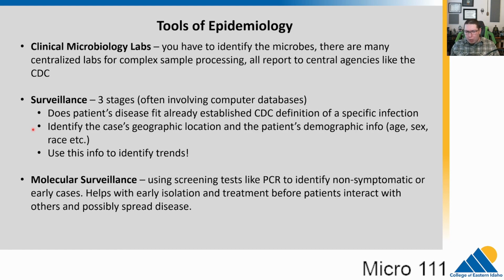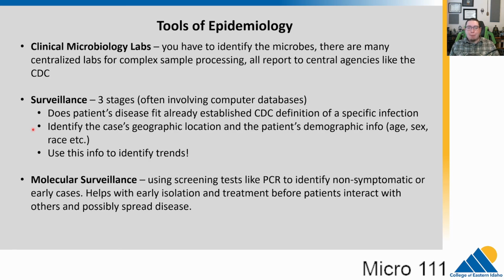We could also use molecular surveillance to do things like test mosquitoes for the presence of Zika virus, or around here, West Nile virus, things like that. So molecular surveillance, super important, and we can get much more information beyond what we know from signs and symptoms and things like that.